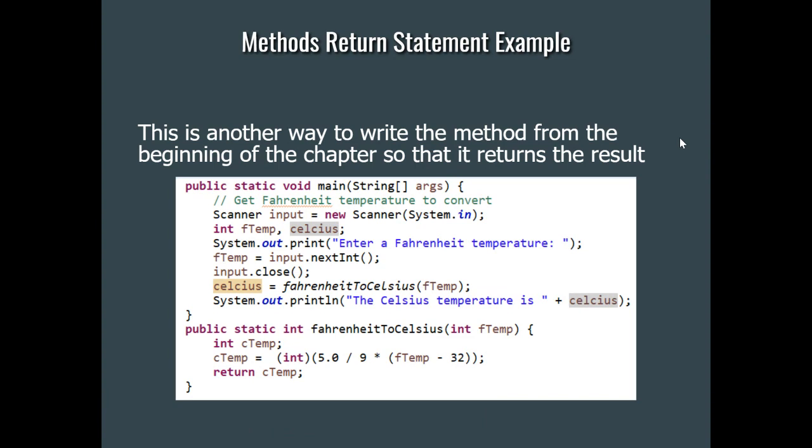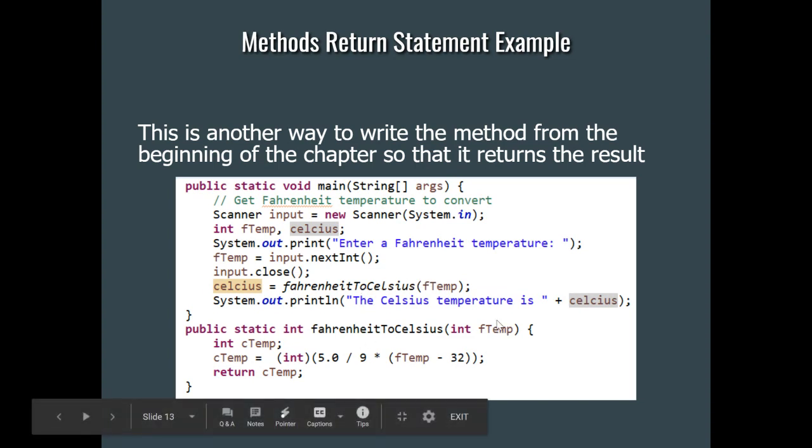So here I'm just in the main now. I'm doing all the make the scanner, make my variables, ask for the value, get the value, and then I pass the value of the Fahrenheit temperature into my method. At this point, it goes down, starts initializing this local parameter that exists between these curly brackets.